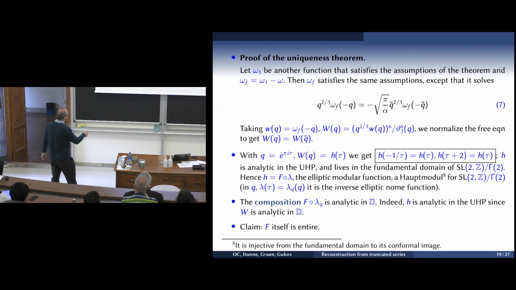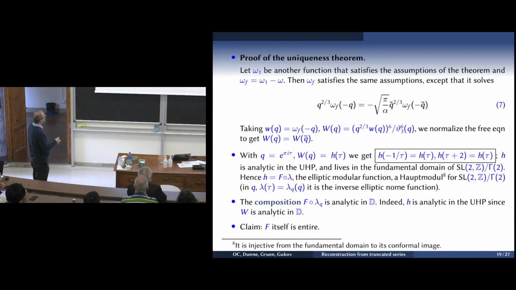Okay. So therefore, if I have this relation, then for some combination of this omega, I have W of q is W of q tilde, where W is this normalized freedom. But now what does it mean? So let me return for the moment to this e to the pi i tau and the hyperbolic plane, because that's where most of the results that we know reside.